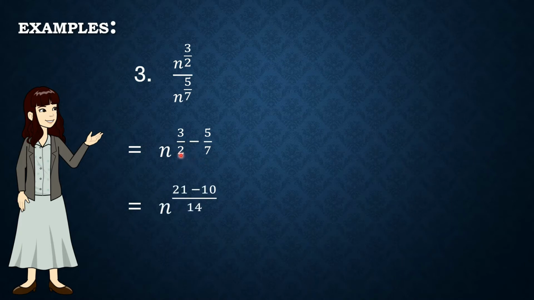The LCD of 2 and 7 is 14. 14 divided by 2 is 7, 7 times 3 is 21. 14 divided by 7 is 2, times 5 is 10. Then 21 minus 10 is equal to 11. So our answer is n raised to 11 over 14. You just copy the denominator. So n raised to 11 over 14.